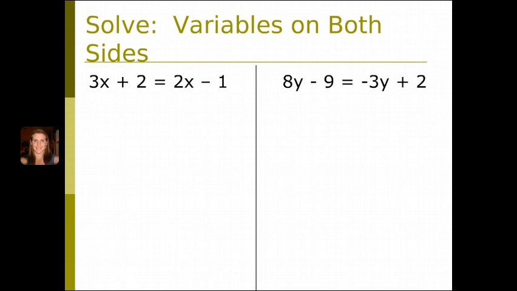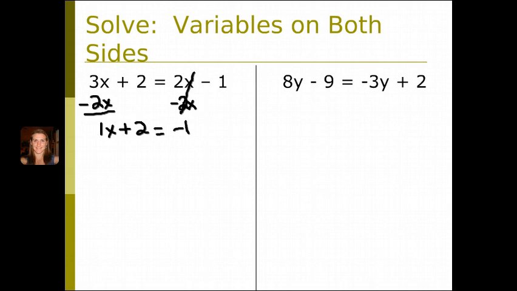So I'm going to subtract 2x from both sides. 3x minus 2x gives me a positive 1x. I didn't use plus 2, so that's going to stay. My 2x's cancel on the other side, leaving me with negative 1.